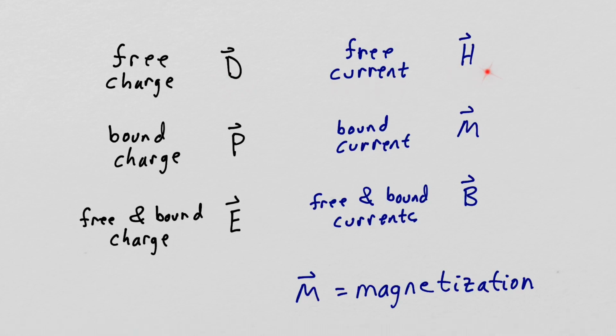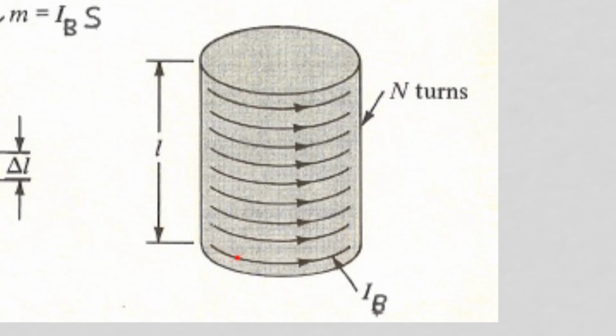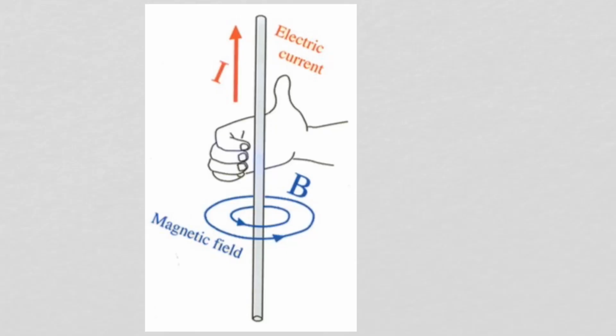To understand the magnetic fields coming from these bound currents, let's first look at what magnetic fields would be coming from similar free currents. The similar free current situation would be one you encounter in a coil or solenoid. We know that if we have a wire with a current flowing through it, that current will generate magnetic flux density fields in the form of circles around that wire.